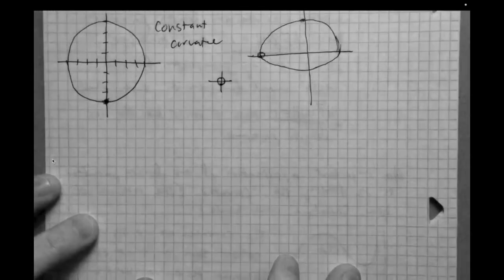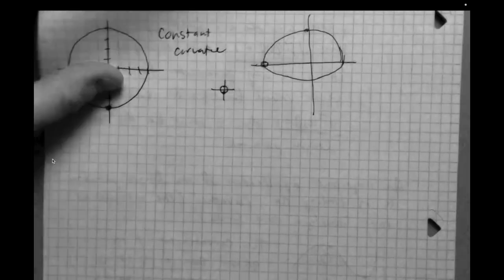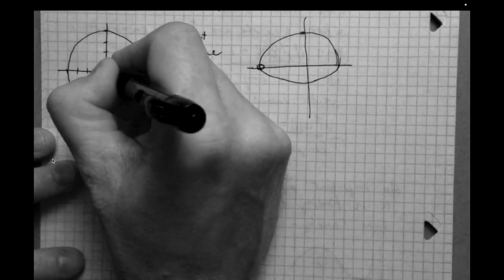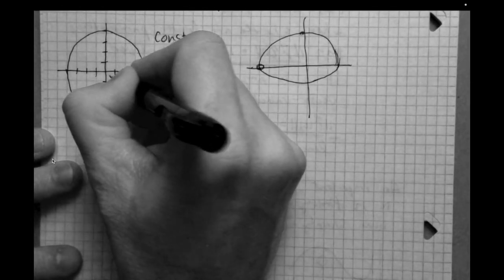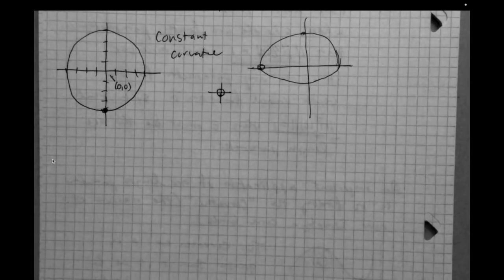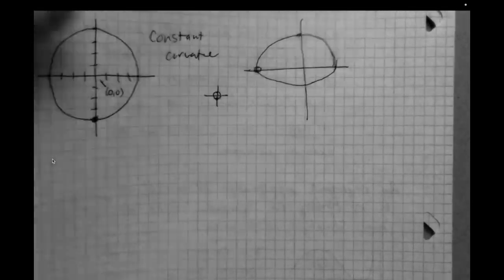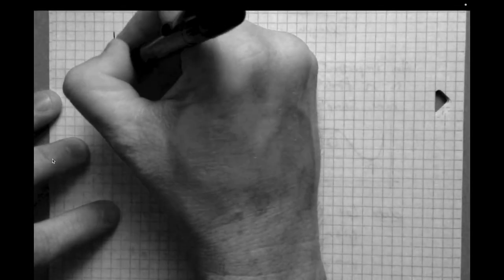We're going to start by assuming that our circle is centered at 0, 0. Actually, I'm going to draw another circle here because I don't want that other stuff. Let's just draw one more circle.